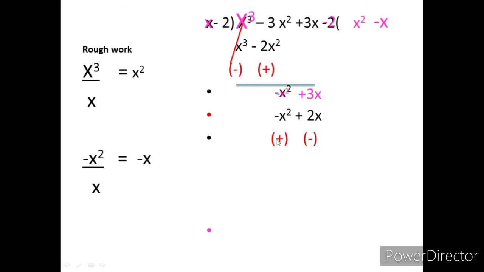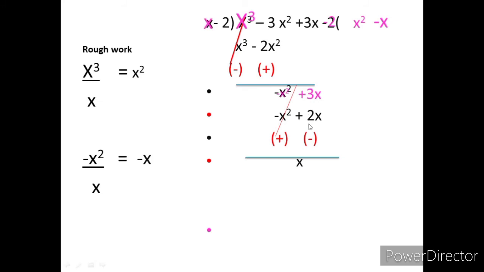Minus x square plus x square should be cancelled. Okay, now what are the remaining terms here? You have plus 3x, here you have minus 2x. If you calculate these two, the result will be plus 3x minus 2x. The result will be x, isn't it?